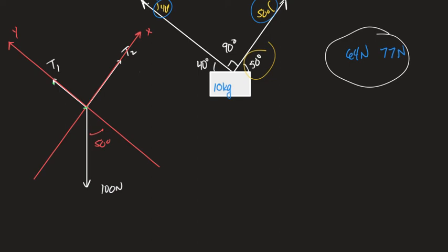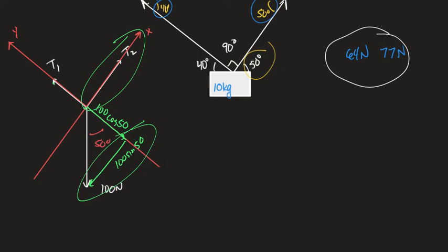Okay, so again, this is still going to be 100 cosine and 100 sine. Do I have to explain that? We've been doing that for a while now. I'm hoping it's starting to sink in. Well, good. The x direction has T2 and 100 sine 50. So net force in the x direction is 0.